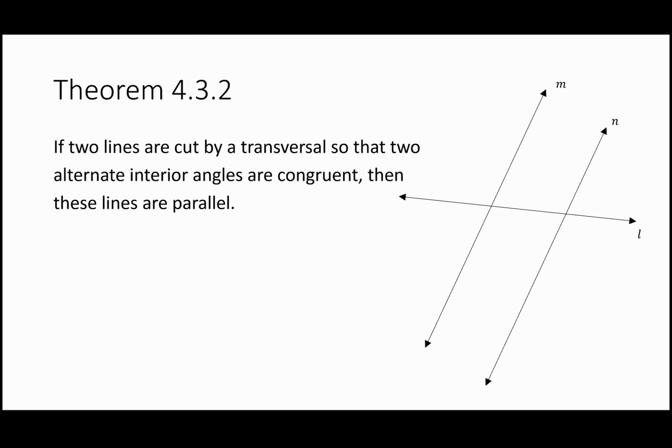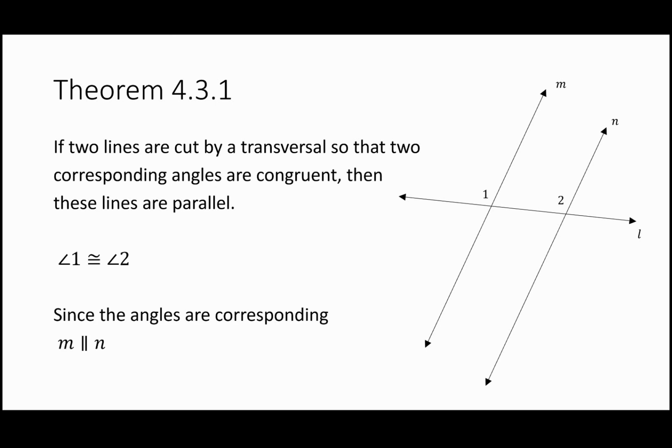that were cut by the transversal must have been parallel in the first place, okay? So if two lines are cut by a transversal such that alternate interior angles are congruent, then the lines are parallel. So basically, what you're going to find with most of the initial theorems in this section is that there are different ways of arriving at a conclusion that some lines are parallel.